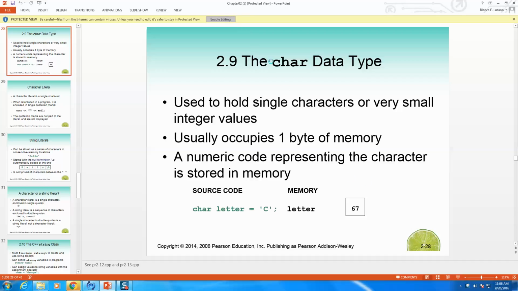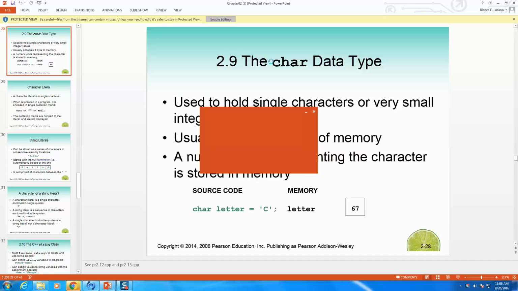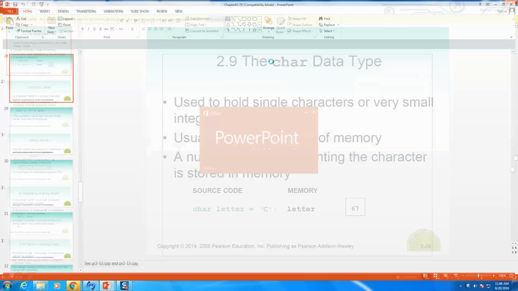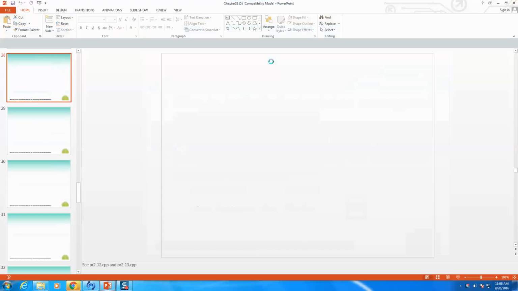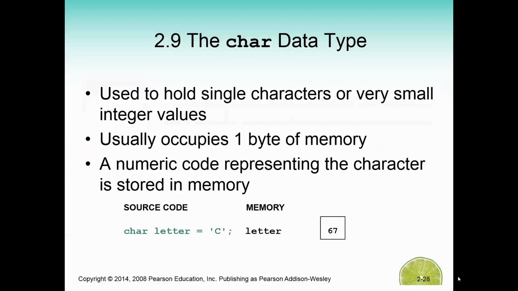Okay, just like we have the data types for integers, and we also have the data type for floating point numbers, we have another data type that is the character data type, the char data type.